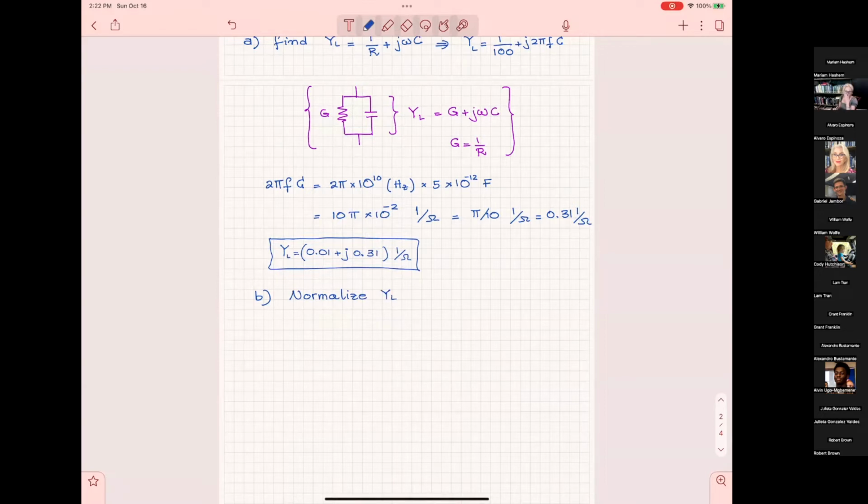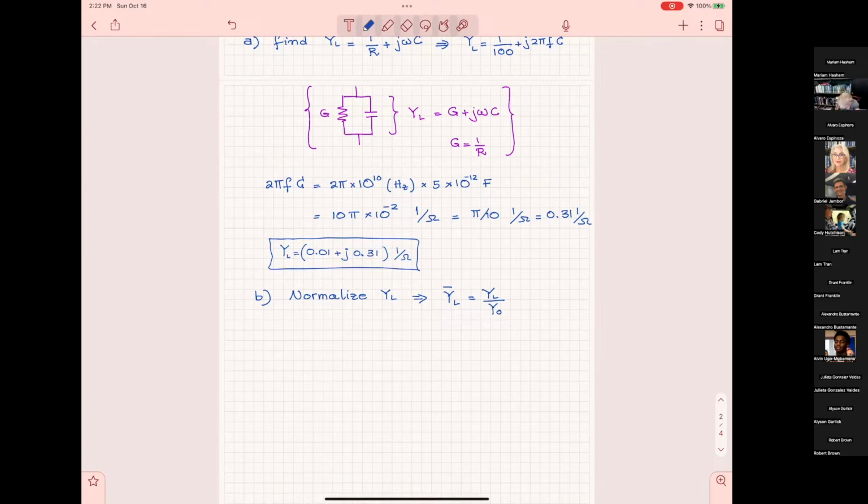How do we normalize YL? What do we divide it by? Not with an impedance. We are going to divide it by the admittance. So to normalize, that implies we have to find YL divided by Y naught.